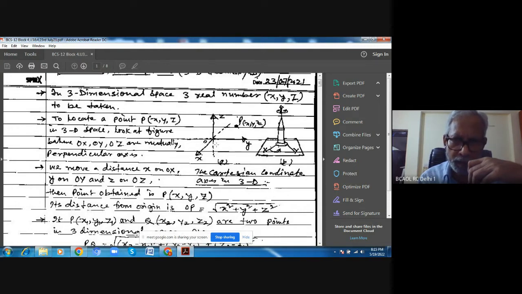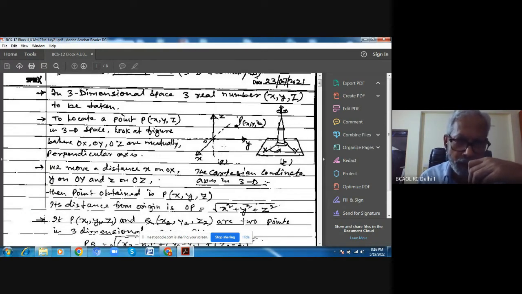So there are three lines connecting to the floor. Suppose this is your floor, you are standing on it, and there are walls on your left hand side and right hand side. Focusing on the corner of the room, you see three axes: x-axis, y-axis, and z-axis. So there are three dimensions and three planes.